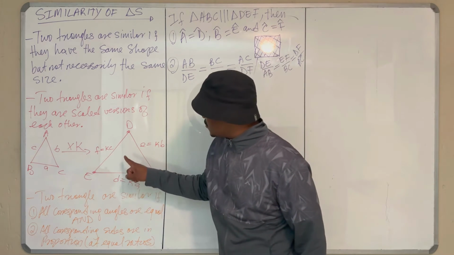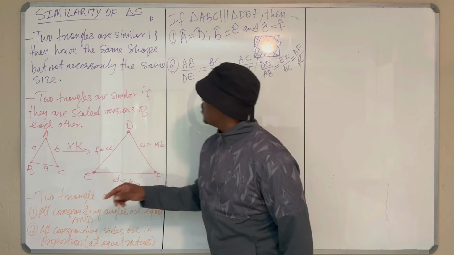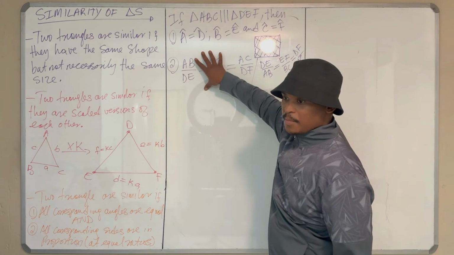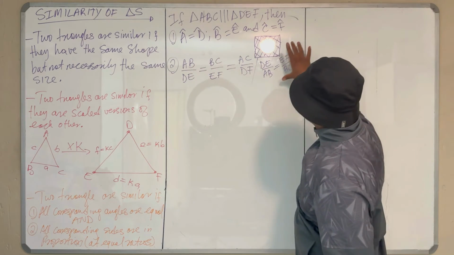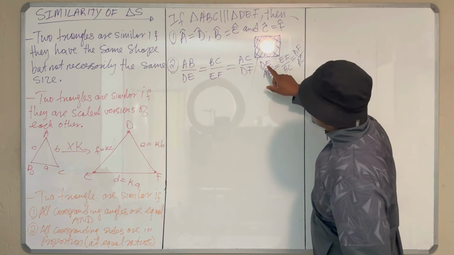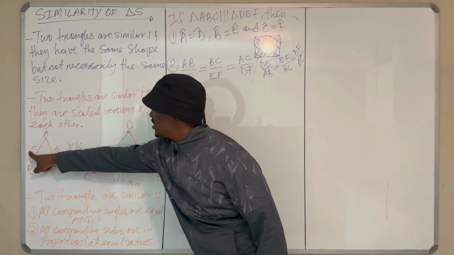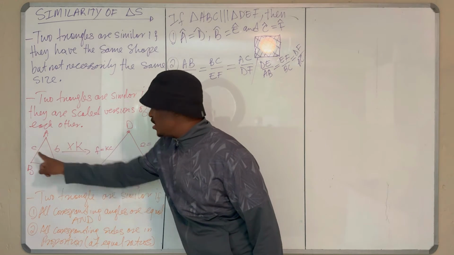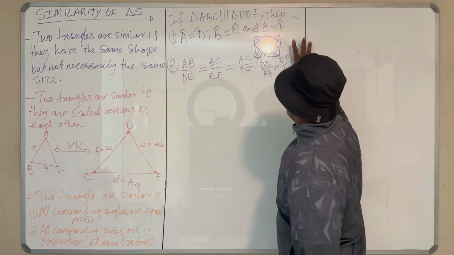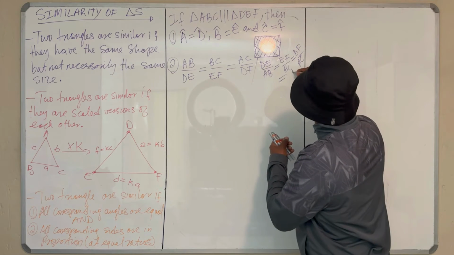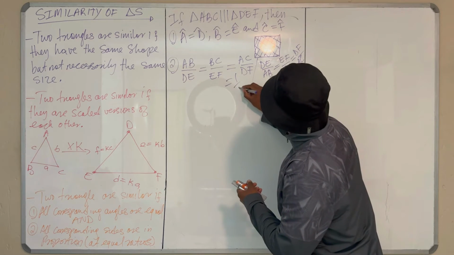Because we said all these ones over those ones will be 1 over K's, all of them, right? Yes. And these ones will be K's. Because if you say DE over AB, it will be KC over C. So it will be K if you take it this way. All of these ratios here are equal to K, and these ones over here are equal to 1 over K.